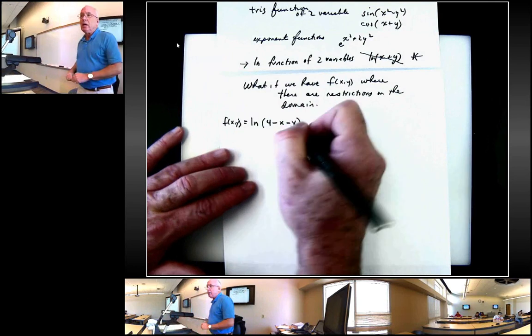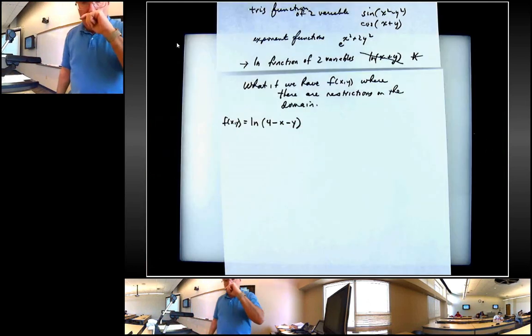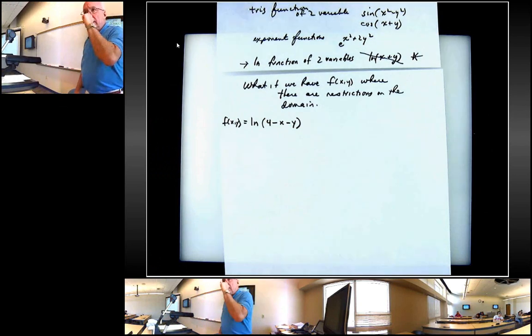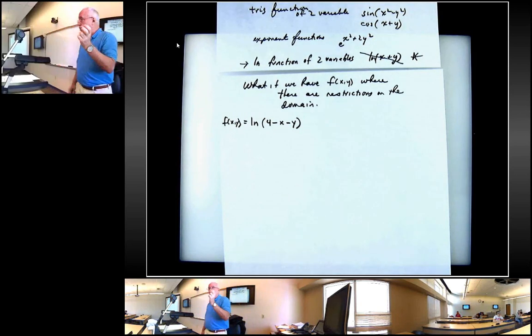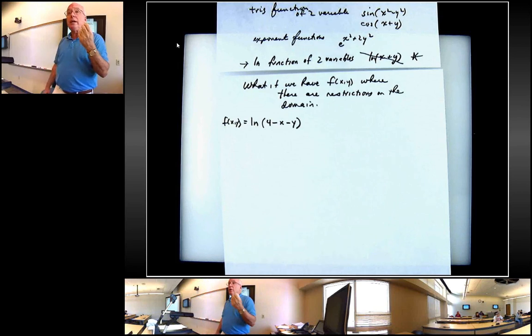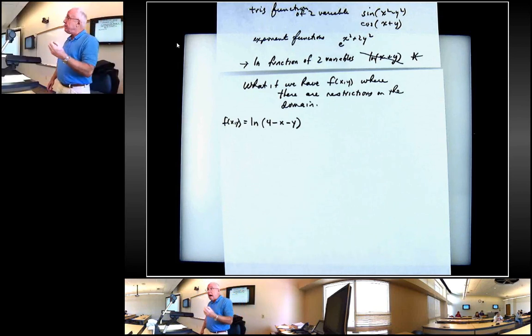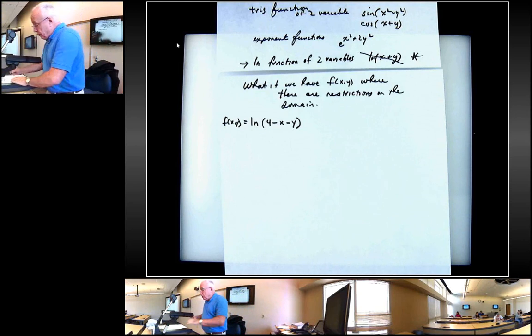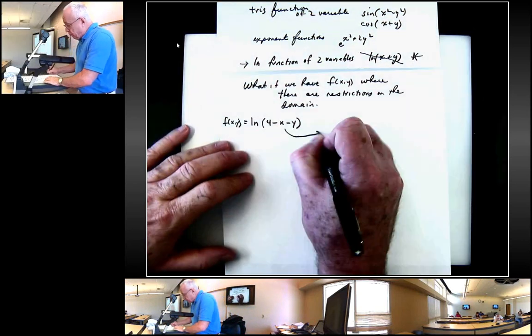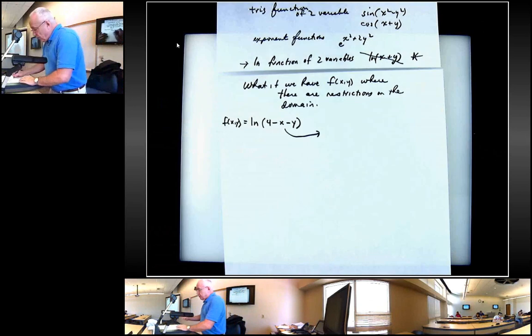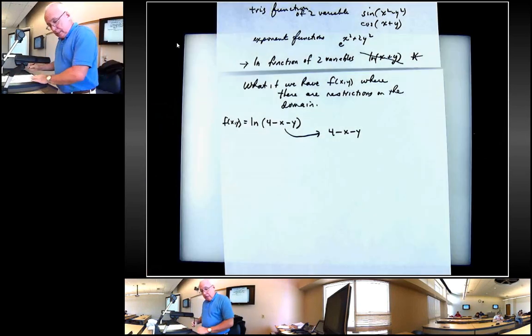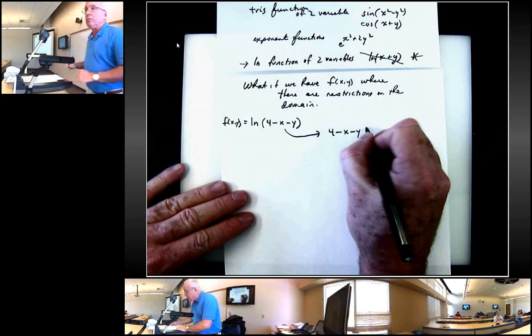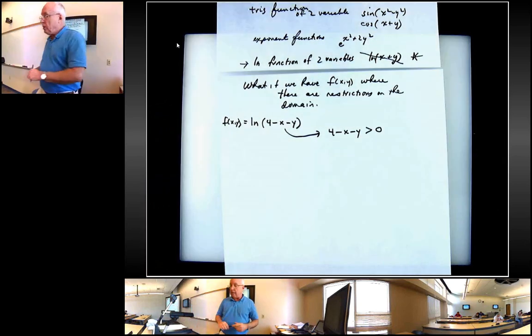All right. Now, something that you saw on the exam was that there was a question about the domain on the exam. We know that the natural log is not defined for 0 or for any negative value. So therefore, there's a restriction here. So therefore, what's in the parentheses here, 4 minus x minus y, has to be strictly greater than 0 for this to be defined. All right.